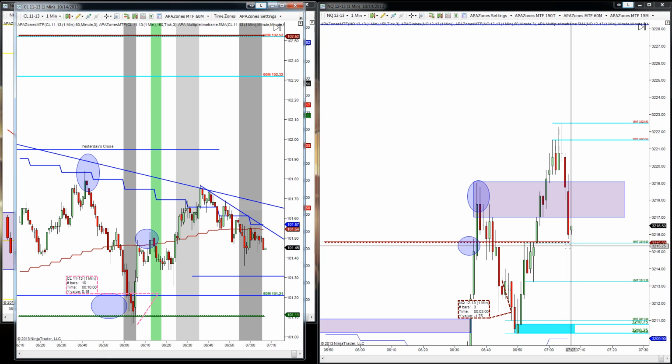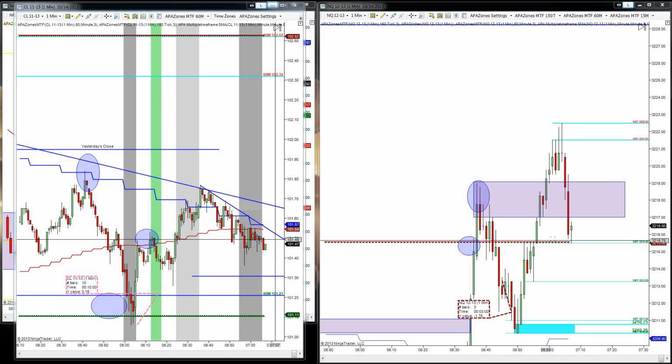Alright, so let's go see what this zone down here looks like. Bouncing off that Globex level there.